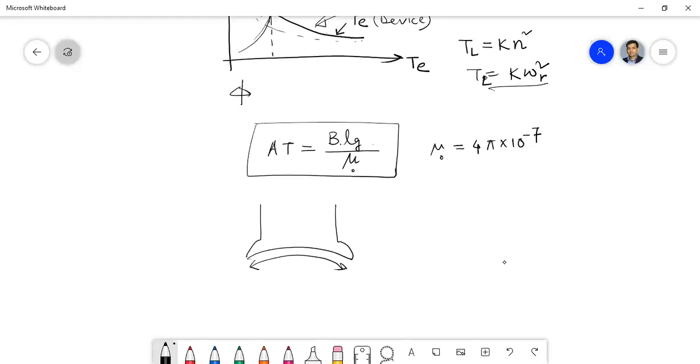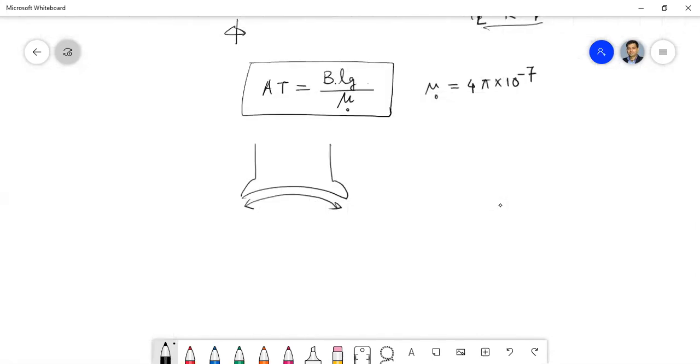And suppose you have another pole here like this, and another pole like this, as in a 4-pole machine. Between two similar points, it is called the pole pitch.